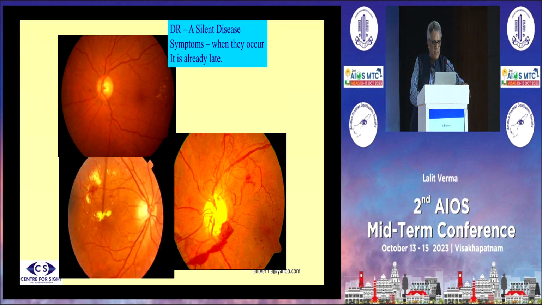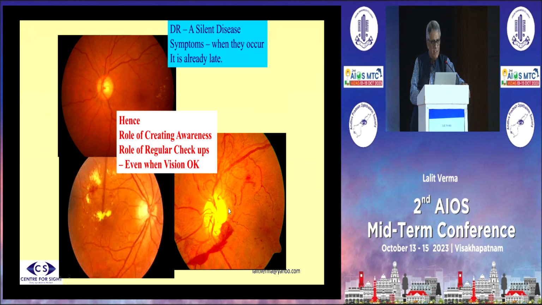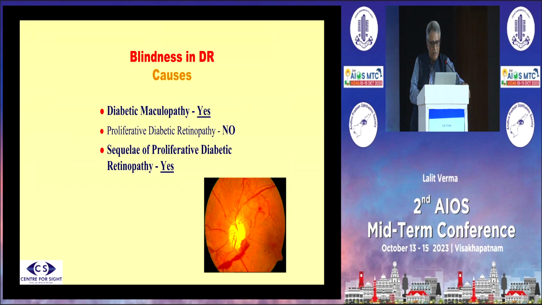All these patients have 6/6 vision. You see, even though this has NPDR, this is proliferative disease, but they all have 6/6 vision. Hence the role of seeking cooperation from the public and even their relatives for regular checkups.